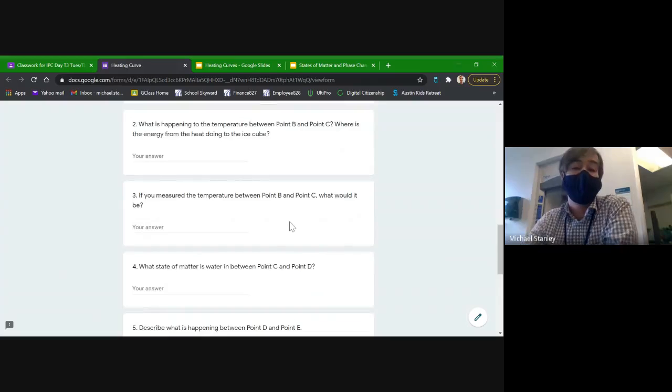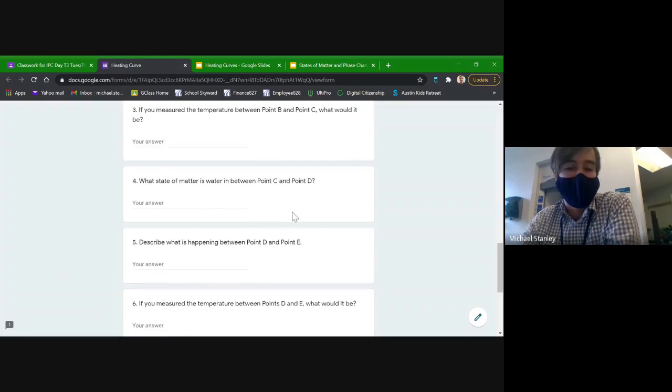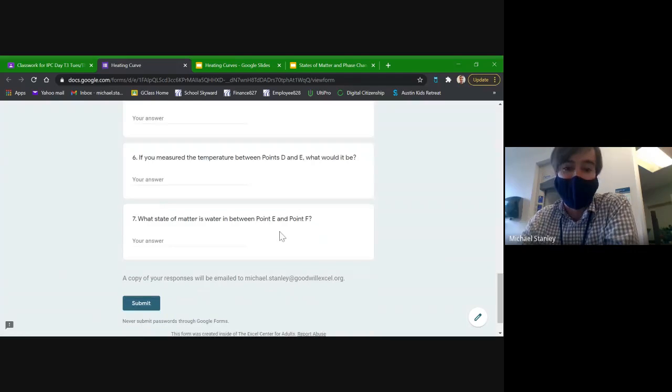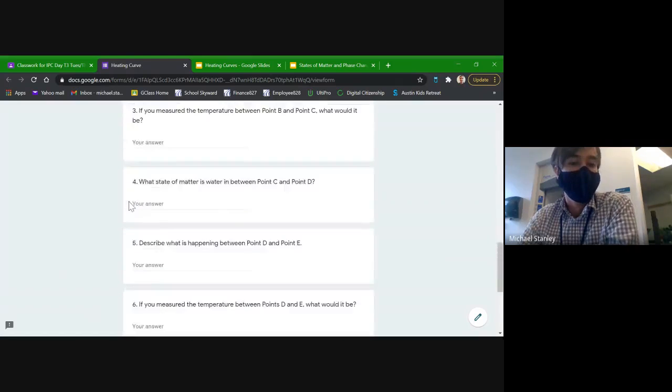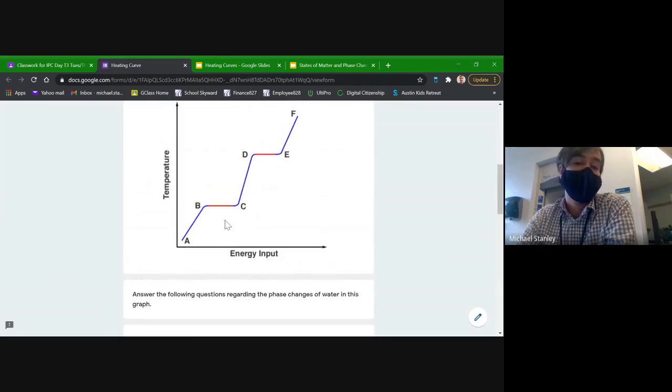If you're able to measure the temperature of the icy water between B and C, and then between C and D, D and E, and F, essentially either what state of matter are we in, what's going on with the temperature, or why is it going up or down? So these are some basic questions that, as long as you remember what's happening in these basic parts right here, you should be pretty well equipped to answer.